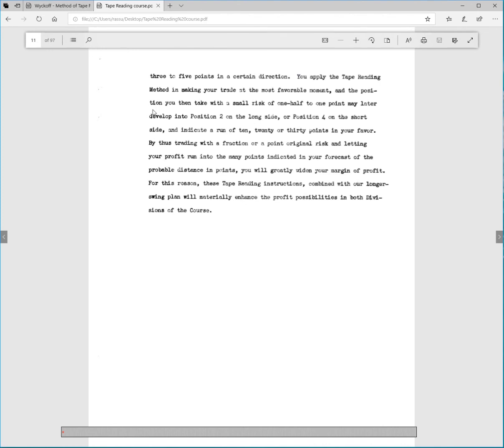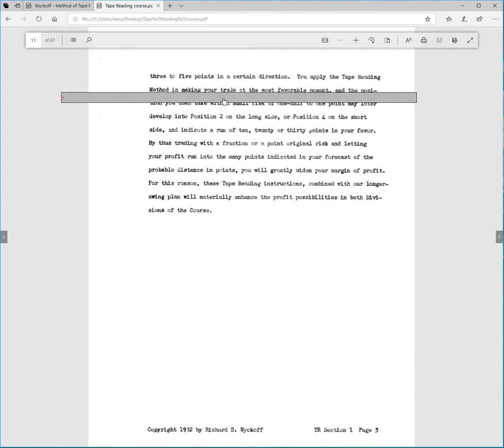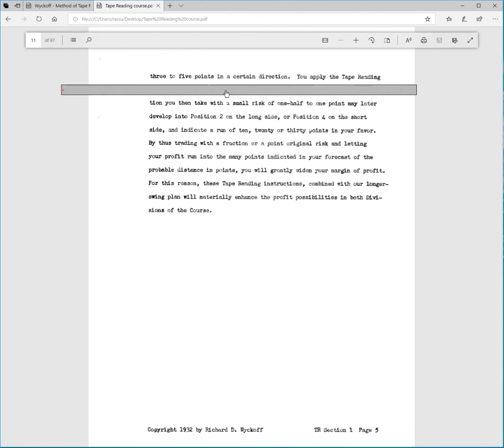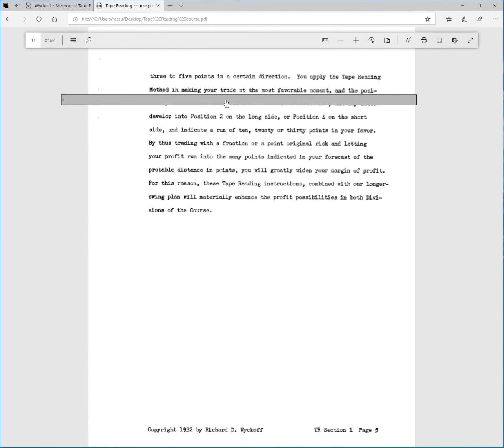Okay, so in the swing trading course, it tells you that you apply the tape reading method in making your trade at the most favorable moment.